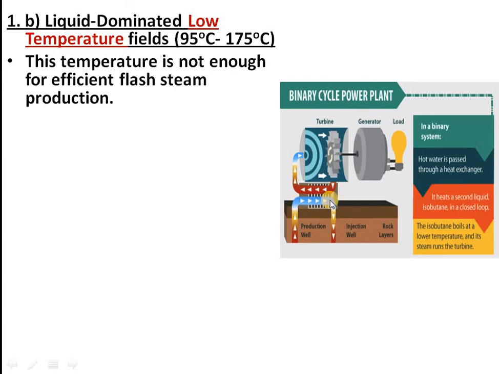You run this water through a heat exchanger. This is one cycle through which you are running high temperature water. This is another cycle through which you are running another liquid. It may be alcohol, benzene, pentane, butane, like that.